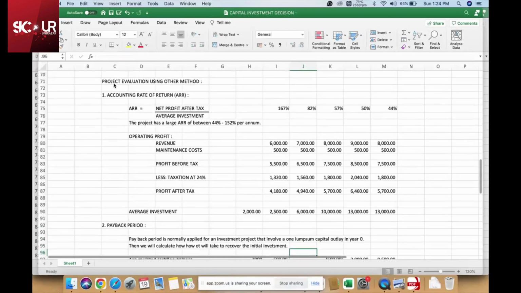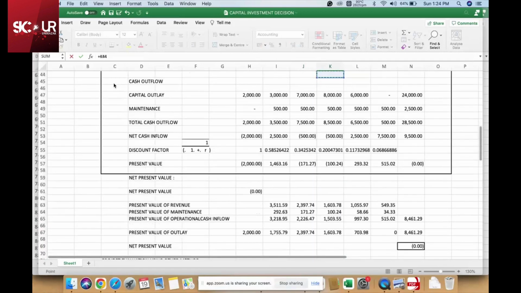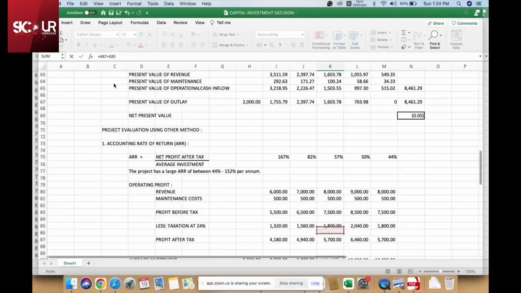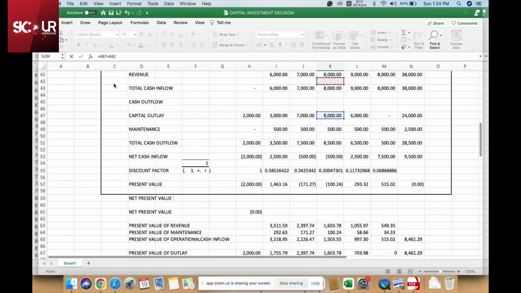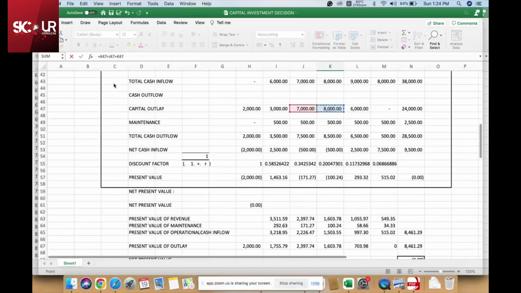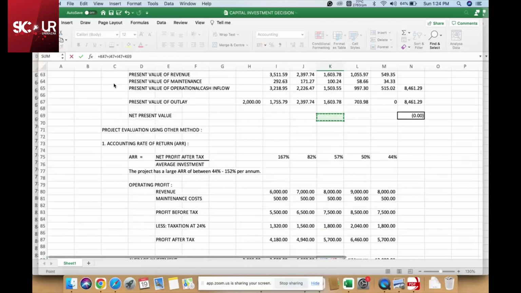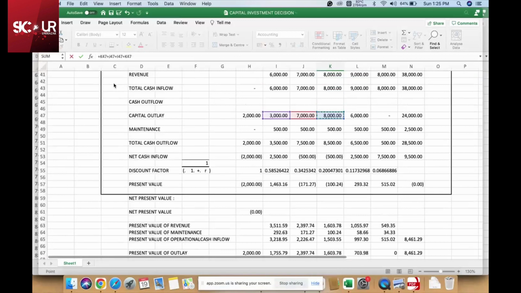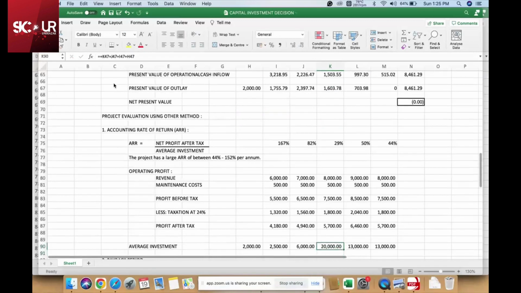Year 3 is capital outlay in year 3 plus capital outlay in year 2 plus capital outlay in year 1 plus capital outlay in year 0, divide by 2.